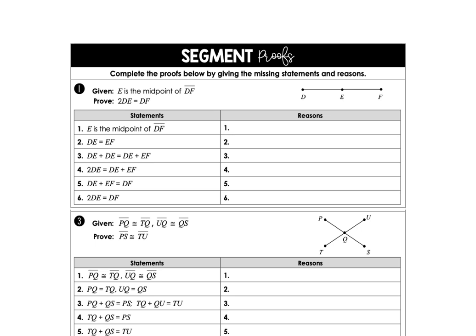So this one says, given that E is the midpoint of DF, prove to me that 2DE equals DF. And this has the steps for you. So it's just a matter of how did I get there. So what is step 1? It's your given. E is the midpoint of DF.